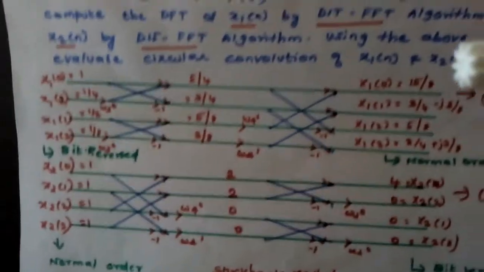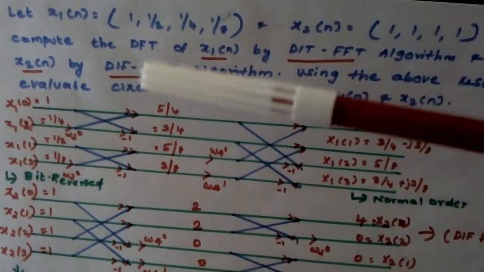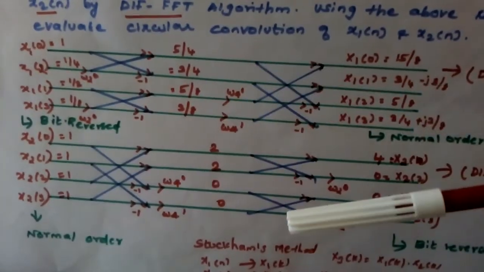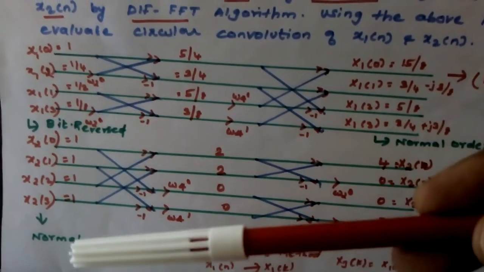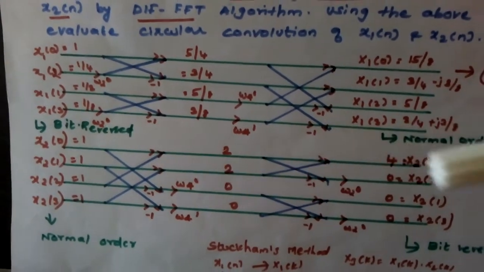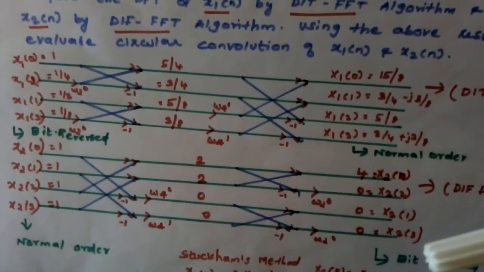The second one is the second sequence x2 of n, which we have to do by the DIF FFT algorithm. DIF means the structure will be 4 point, then 2 point. Here the input will be in normal order and the output in bit reversed order. Again we find the first stage and second stage, and we'll get X2 of 0 to X2 of 3, correct?